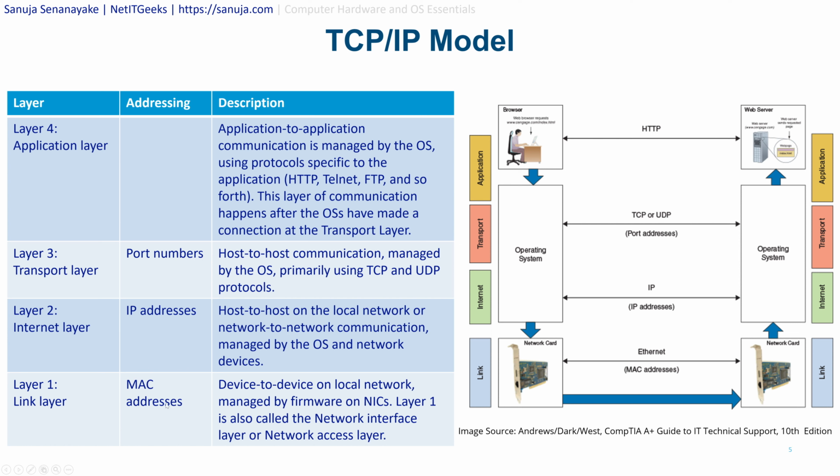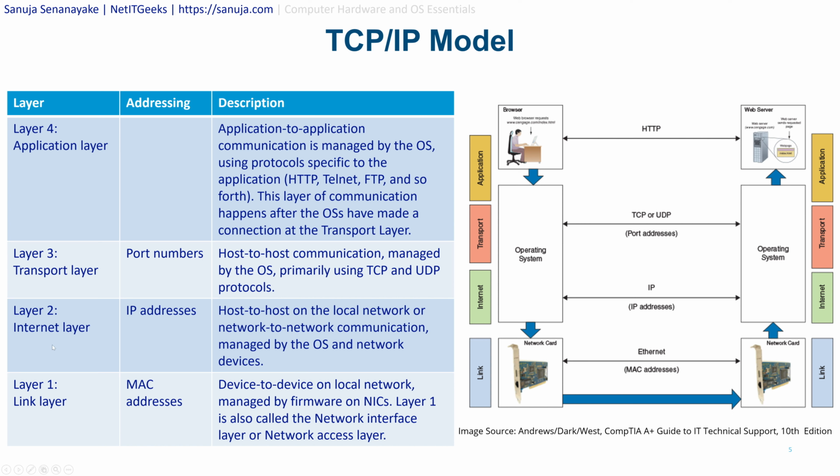Within that local network, devices can communicate using those MAC addresses even without using an IP address. So the MAC address acts like the address which a network within the local area will use to communicate.